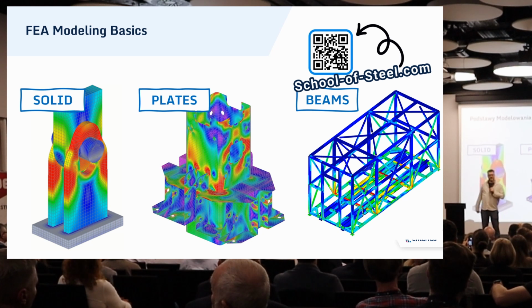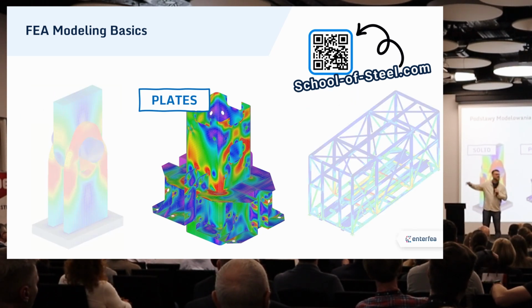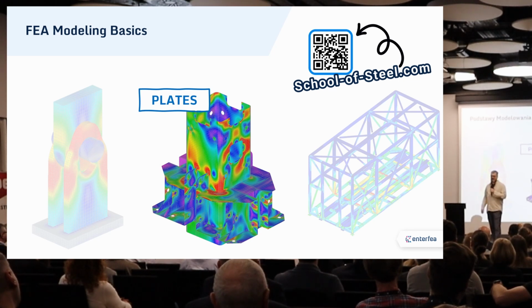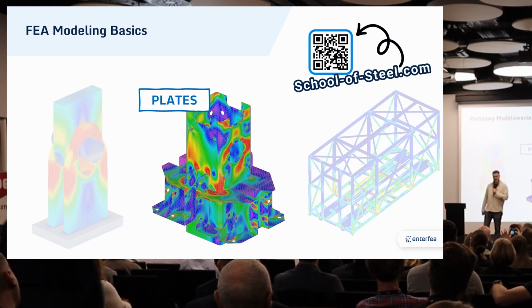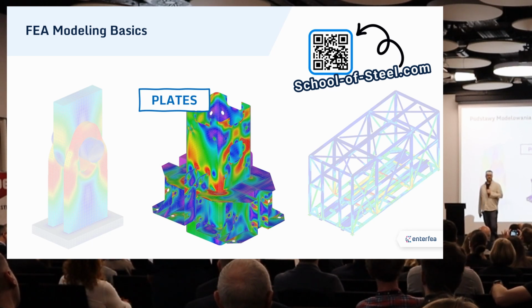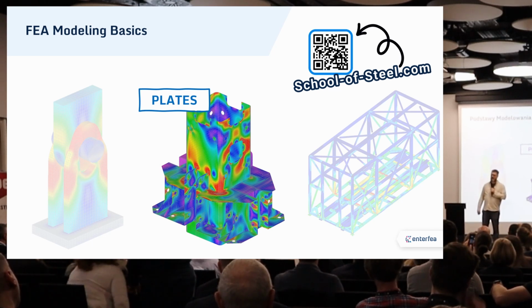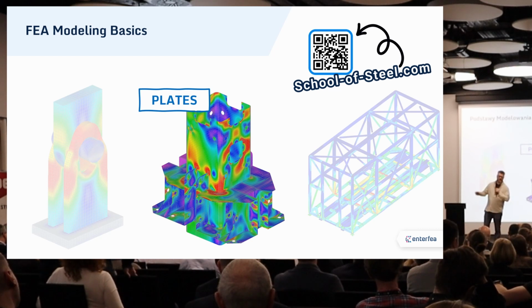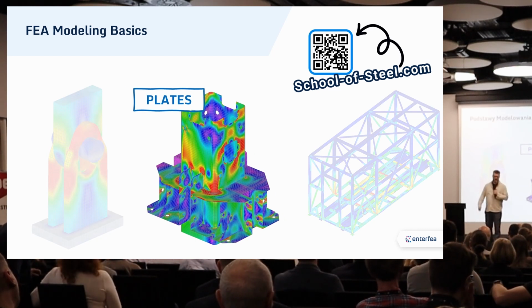And while solid models look great, I will highly encourage you to use plates. I feel that solid elements are greatly overused in modeling, which leads to a lot of issues later on, and I would definitely encourage you to use plates, which are just as accurate, if not more, and allow you a certain freedom in modeling that will really help you out.